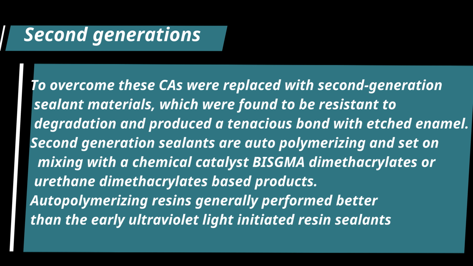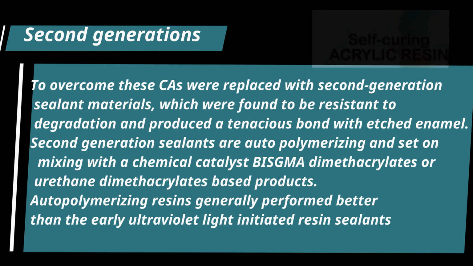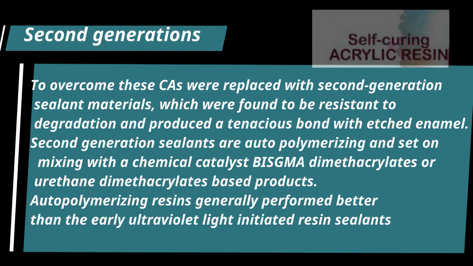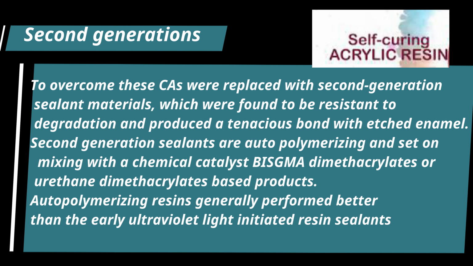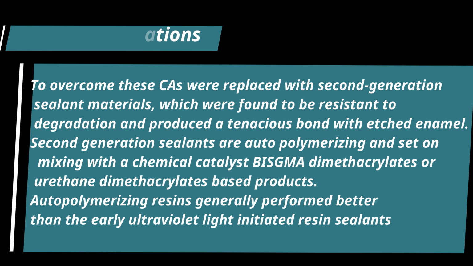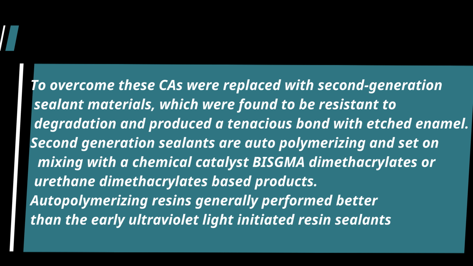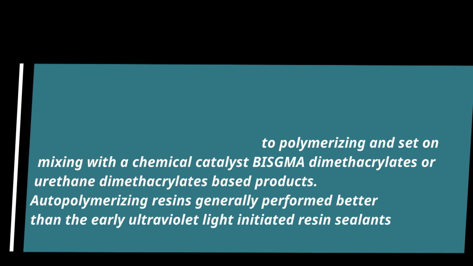Second generation sealants are autopolymerizing, which sets on mixing with a chemical catalyst. And the second generation sealants are bis-GMA dimethacrylate or urethane dimethacrylate based products. The autopolymerizing resins generally performed better than the early ultraviolet light initiated resin sealants.